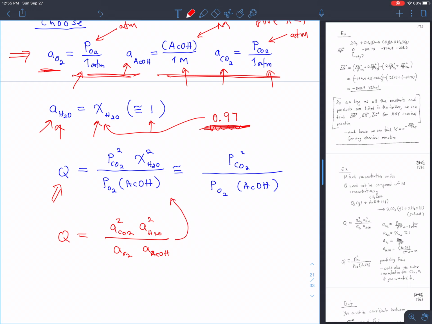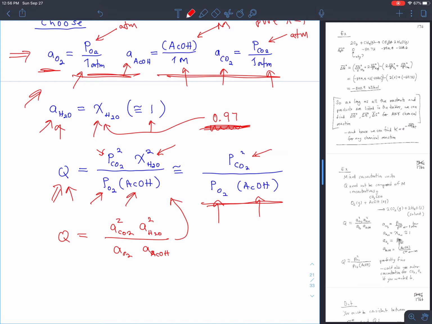And now substituting in these choices for activities, we get pressure squared for CO2, mole fraction for water squared, but we're assuming that mole fraction is 1, pressure for the oxygen, and molar concentration for the acetic acid. And so our reaction quotient involves both pressure units for the gases and molar concentration units for the solutes.